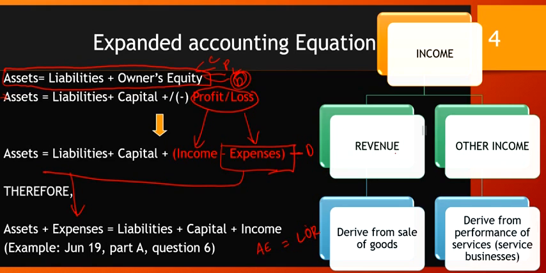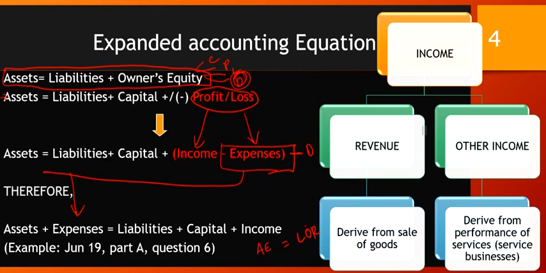What is revenue? Revenue is derived from sale of goods. Whereas for other income is derived from performance of services. Okay, for an example, we are going to open a boutique, boutique pengantin.